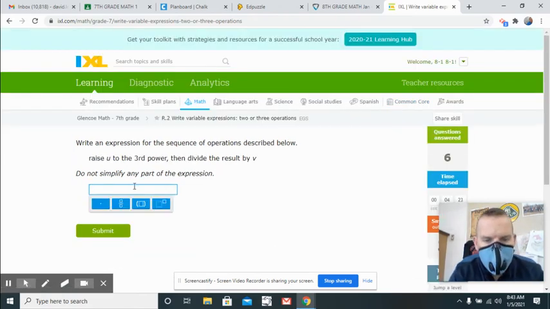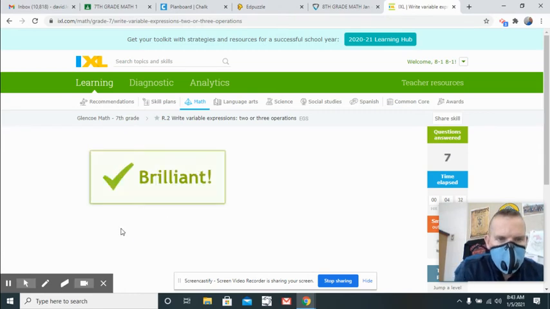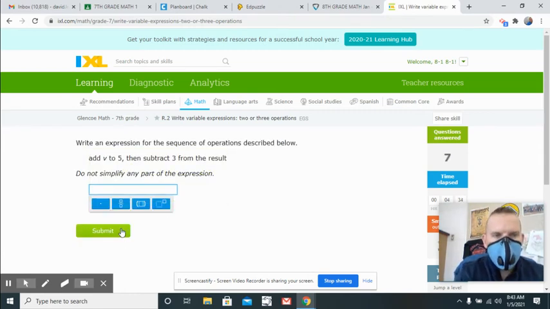U raised to the 3rd power. Divide that by v. Let's see if it likes this. It does. It's a correct format. Add v to 5. Well, this is adding 5 to v. So let's add 5 plus v.